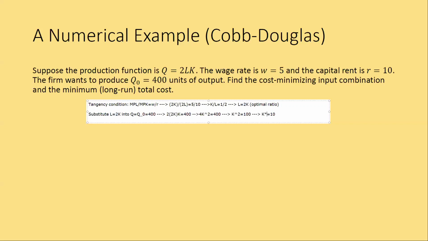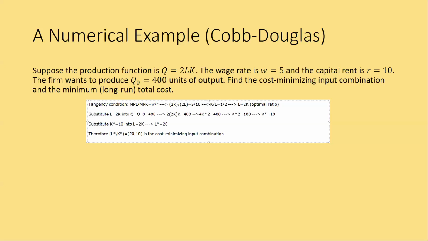So this is the K star that we want to find. We substitute K star equals 10 into L equals 2K, which gives L star equals 20. Therefore L star, K star equals 20 and 10 is the cost-minimizing input combination for Q0 equals 400, of course.